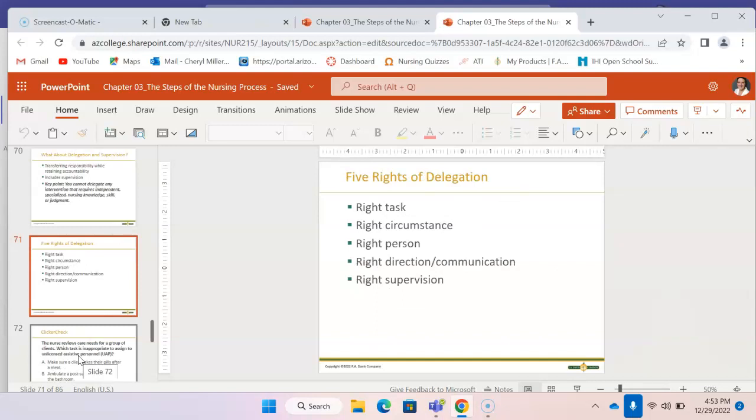When you think about delegating something, ask yourself, is it the right task, or should a nurse do it? Is it the right circumstance? They're going home, they have to learn it. Is it the right person? Have they been trained? The right direction and communication, and the right supervision. Do I need to be there or do I not?